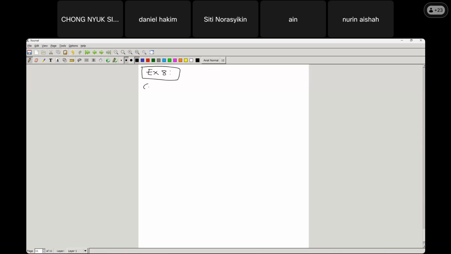So I write down, you are given f(x) equal to x to the power 7 plus 3x to the power 6 plus 7x to the power 5 plus x to the power 4 and then plus 5x cubed plus 2x squared and then plus 5x and then plus 5.